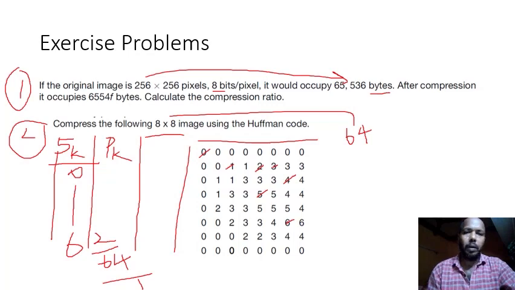Then we will construct the code word for each symbol. Then they are asking us to compress, so we have to find the compression ratio. That is important. Here you can measure all the parameters: the average length, efficiency, entropy, compression ratio, because you will get practice. So calculate all these values. This is the second problem.